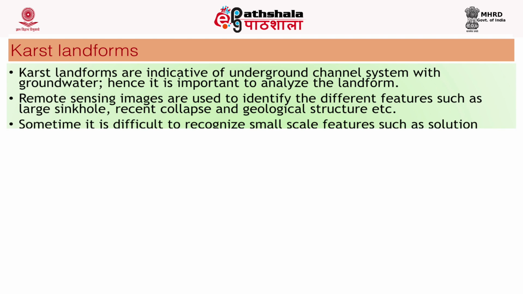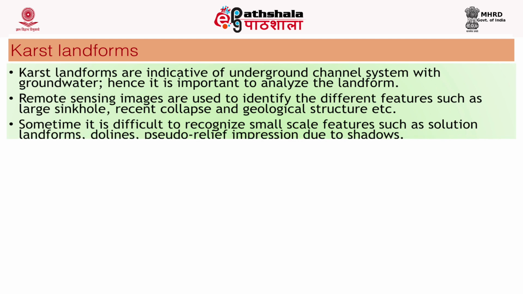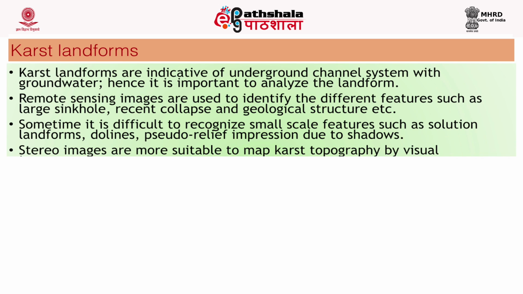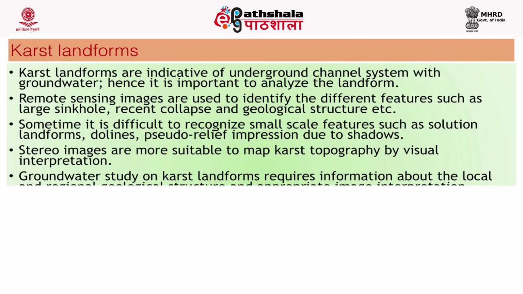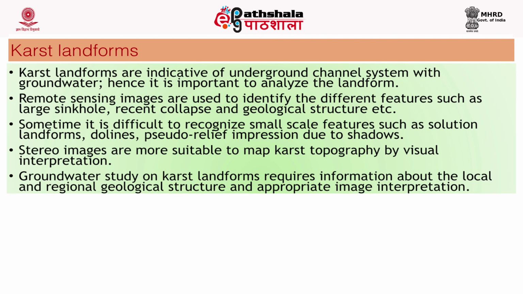So, remote sensing images are used to identify different features such as large sinkholes, recent collapse, geological structure, etc. Sometimes it is difficult to recognize small scale features such as solution landforms and dolines, and pseudo relief impressions occur due to shadow. Here, stereo images are more suitable to map karst topography by visual interpretation.